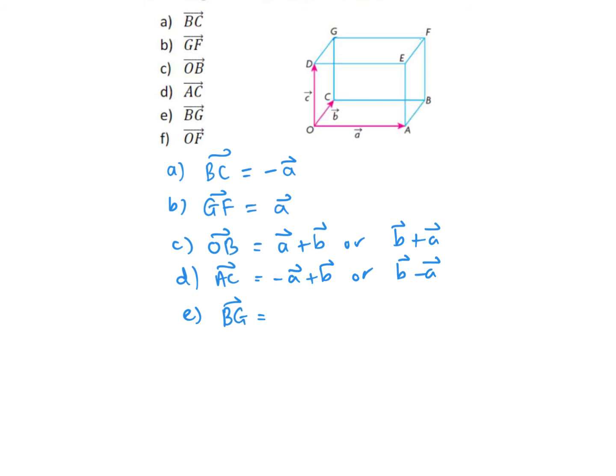All right, so I want to go B to G. So B starts here and ends here. So I can go over, which is negative A, and then up, which is C, or I could go up and then over. So both of them are identical, and I start and end at the same spot.